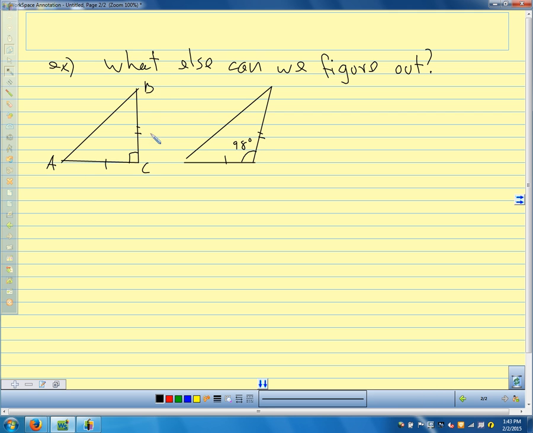So here are two triangles, triangle ABC and triangle XYZ. So from this information that we have, what else can we figure out?